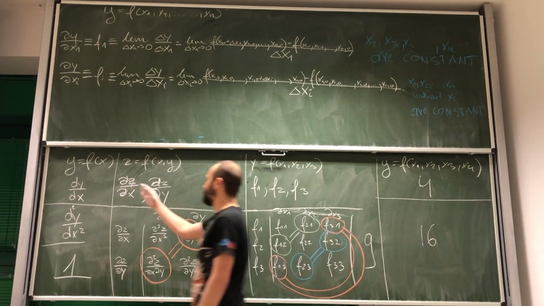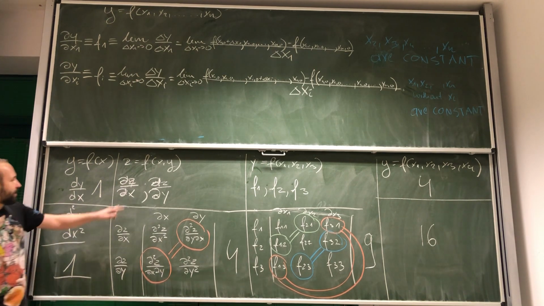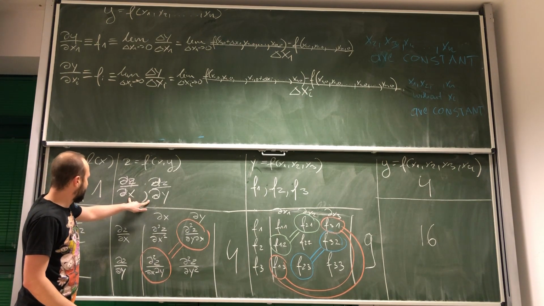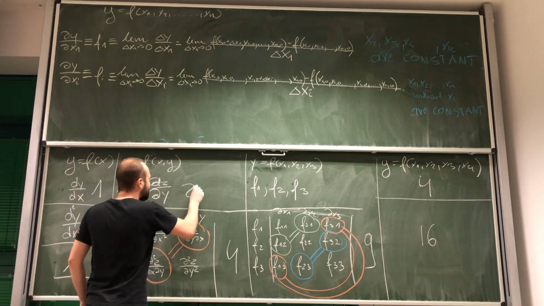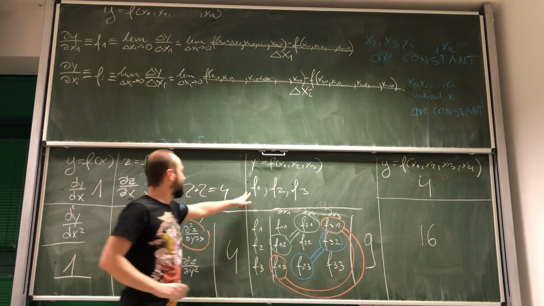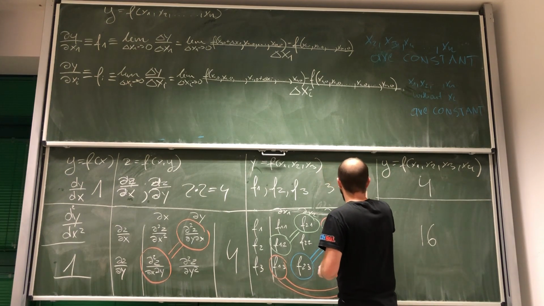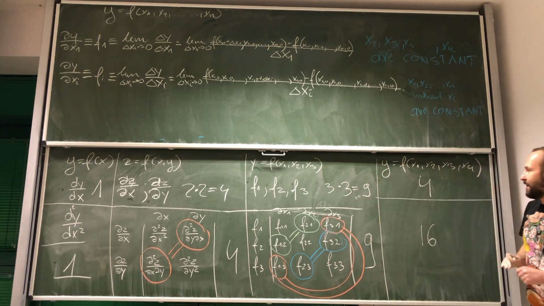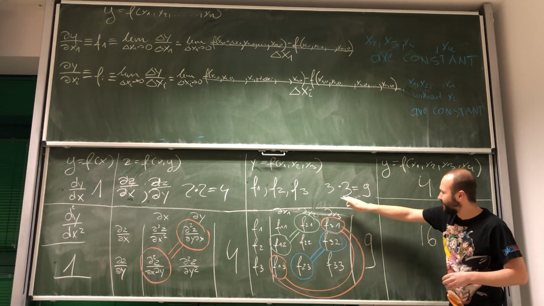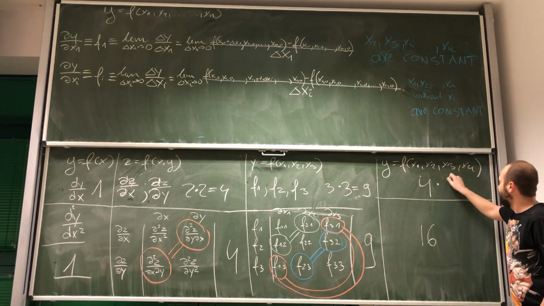Because look, in the first case, I could calculate one first derivative, so for that one, I could just calculate 1 second derivative. Here I could calculate 2 first derivatives, and for each of them, I could calculate 2 second derivatives. Here I could calculate 3 first derivatives, and for each of them, I could differentiate and calculate 3 second derivatives. So here we've got 4 times 4.